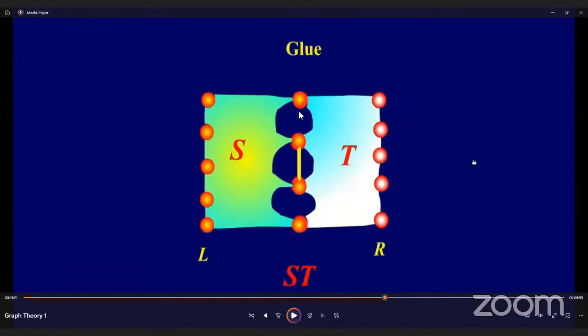And the vertices also become identified. The vertex here of S and the vertex here of T become just one vertex here.